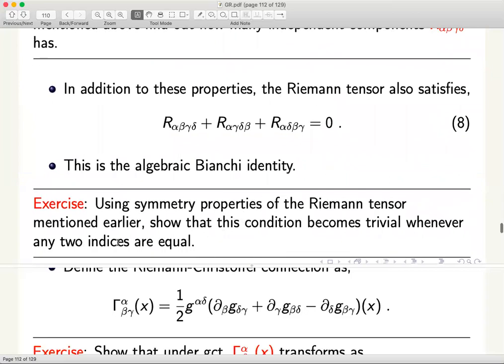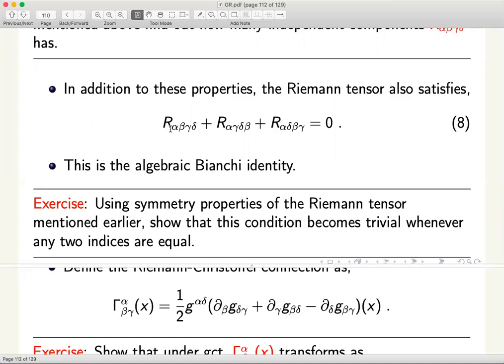What do we learn from this exercise? We learn the following thing: that all the indices sitting on this Riemann tensor for this particular identity should be independent. They should be separate values. Because if alpha is equal to beta or if alpha is equal to gamma, this expression is going to vanish identically. Now, if you are working in 4 dimensions, then 4 indices can just take a unique configuration.